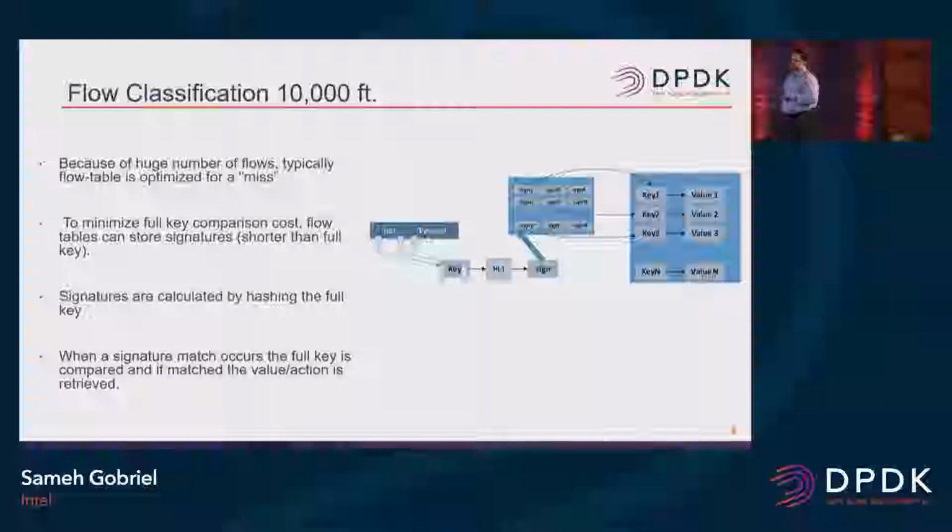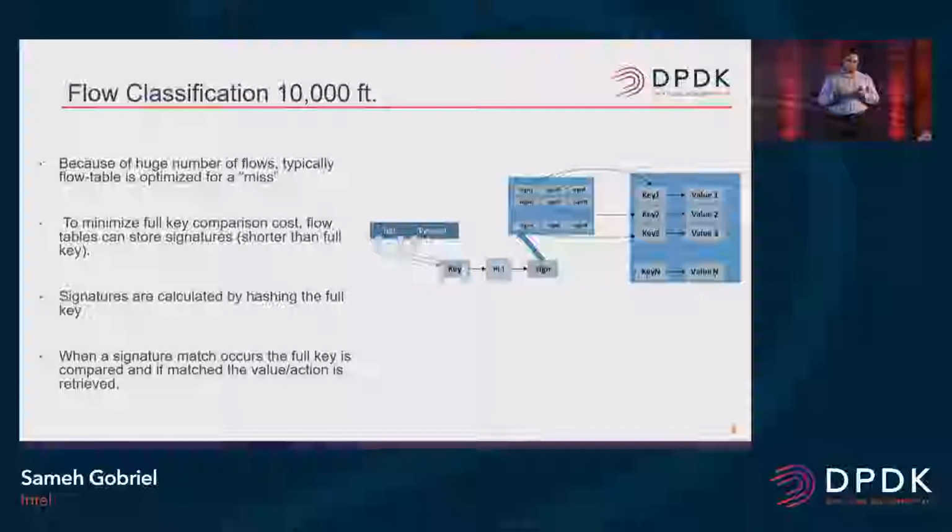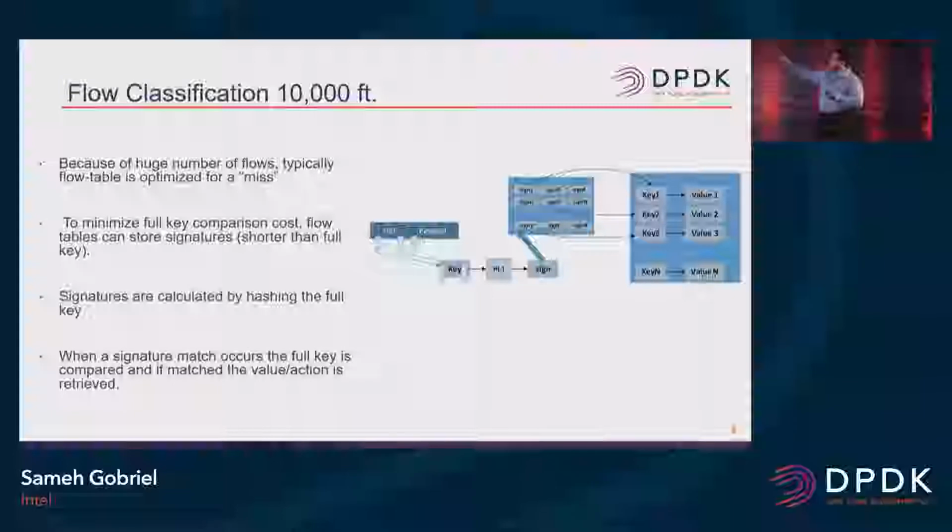So just taking it one step more practical, this is the current implementation inside the RT hash in DPDK. Typically, as I was saying, the key is large. So instead of storing the full key in the hash table and doing a full key comparison each time you get a comparison, this will take a lot of cycles. So to minimize the comparison cost, what you do is you get a key, then you hash it and get a signature, which is called sign here, and then you match on this signature.